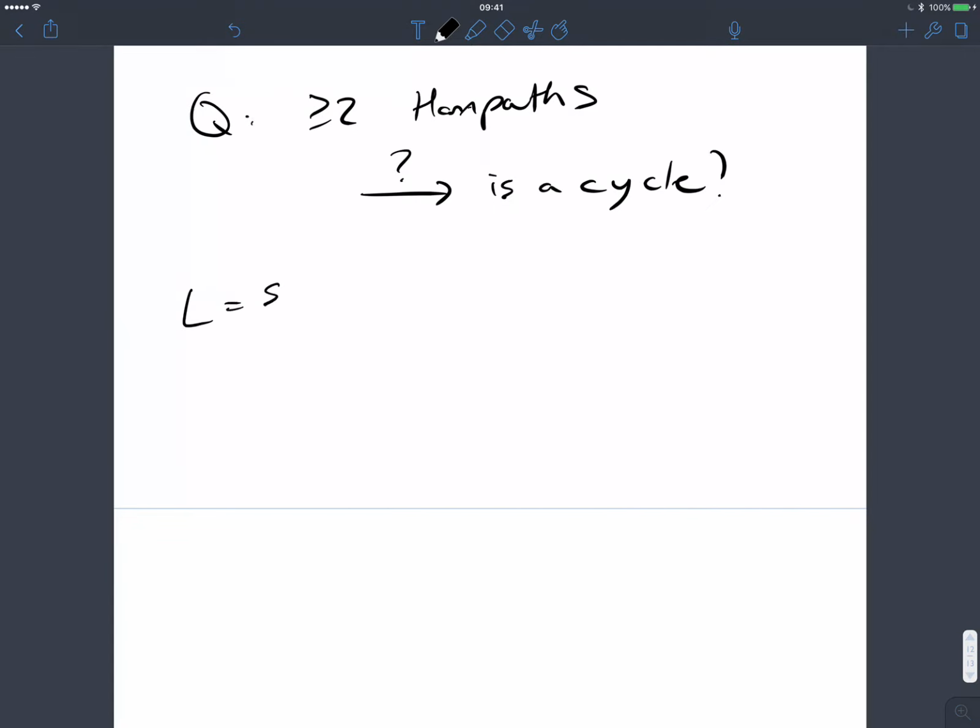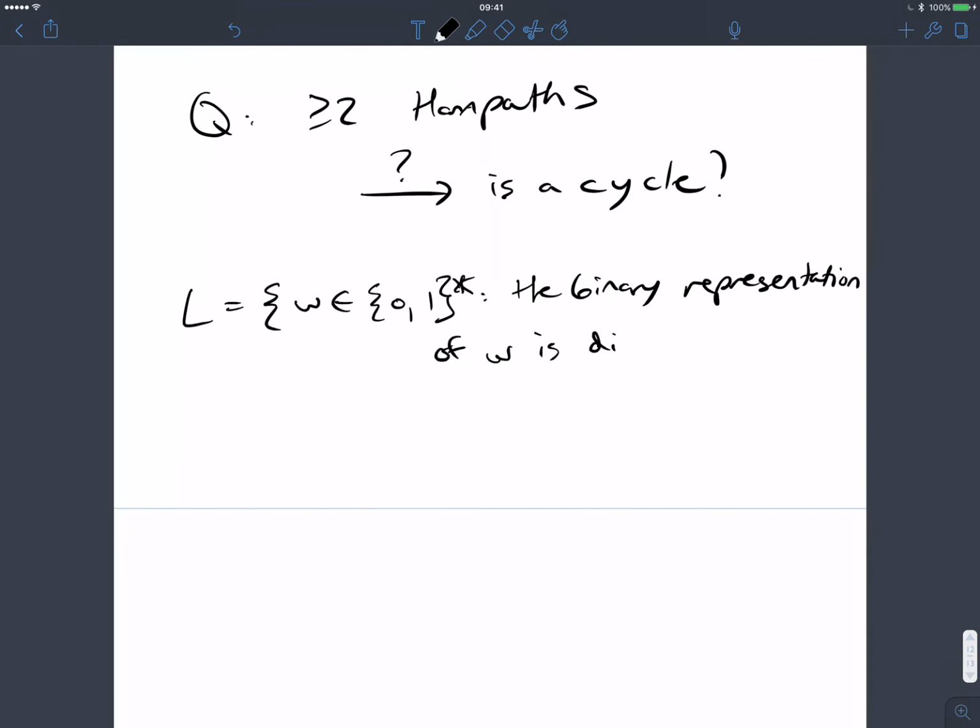Let L be all the strings in {0,1}*, this is one I kind of like, such that the binary representation of W is divisible by 5.